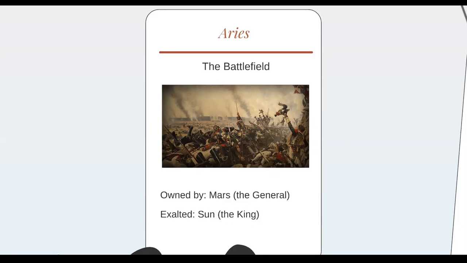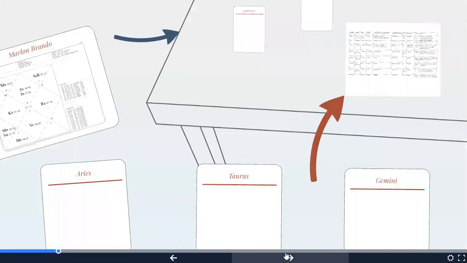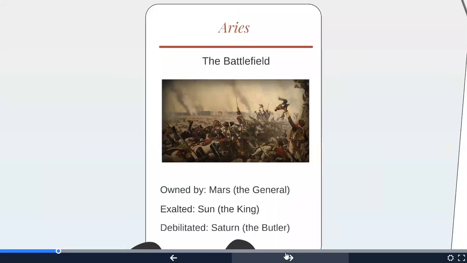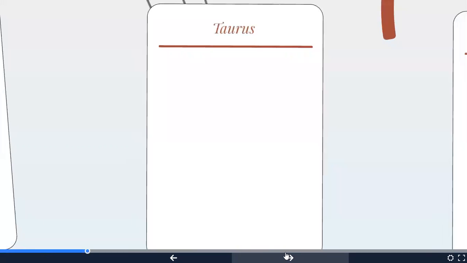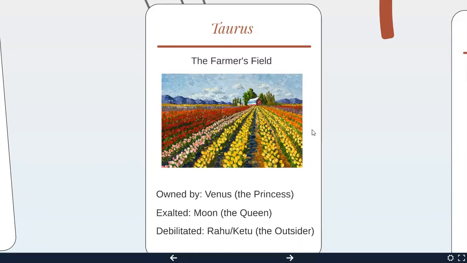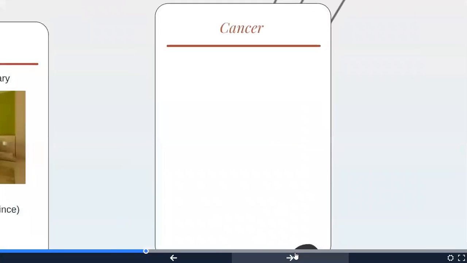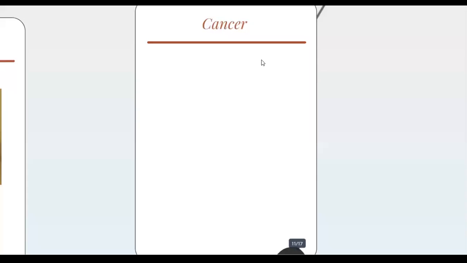So the Sun is exalted there, and the planet that's debilitated is Saturn, the butler, the servant. He's not well disposed to being on the battlefield. So we go through each one of these signs in this way in the class with full explanation of why that's the case. Nobody is exalted in the library, and so on. So I'll let you check that out on your own.